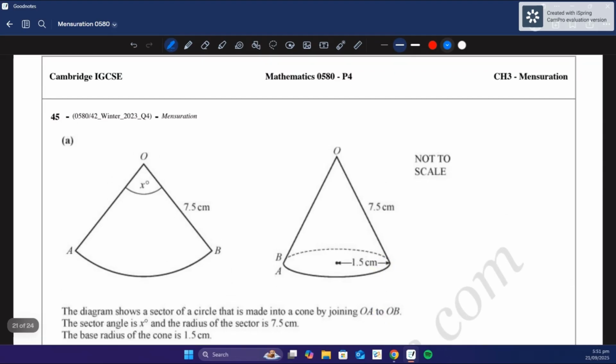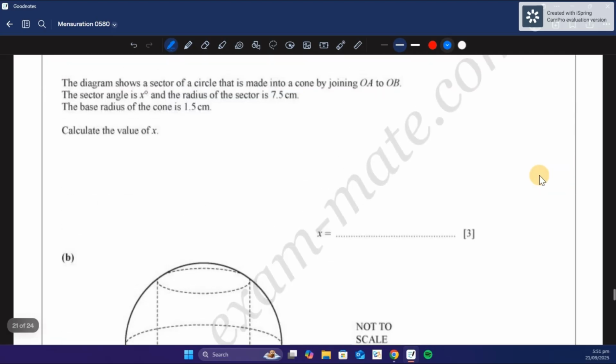Alright, question number 45. So we already know the arc length, so we're going to set them equal.